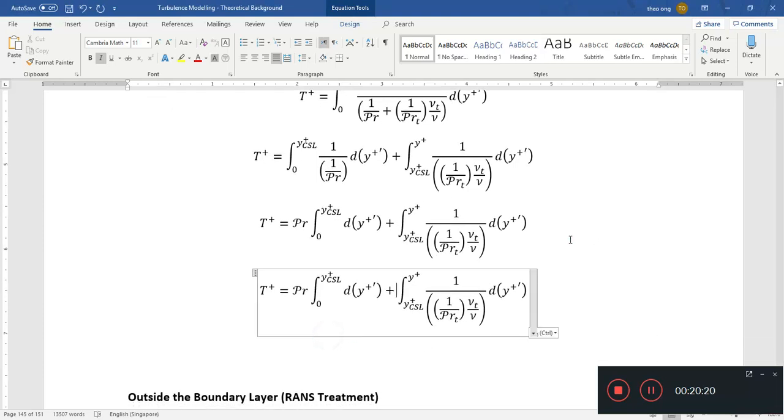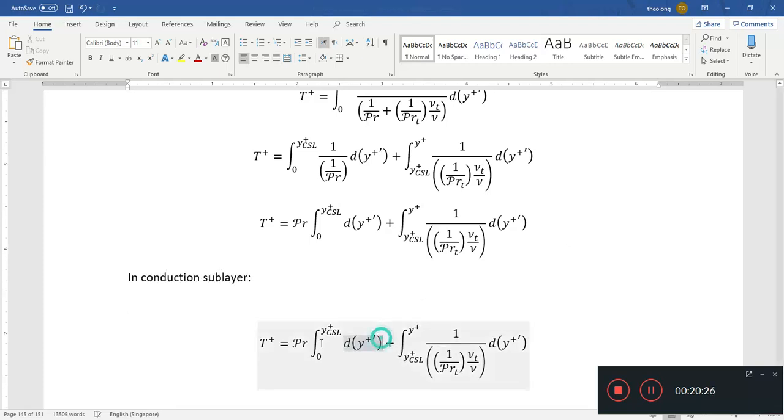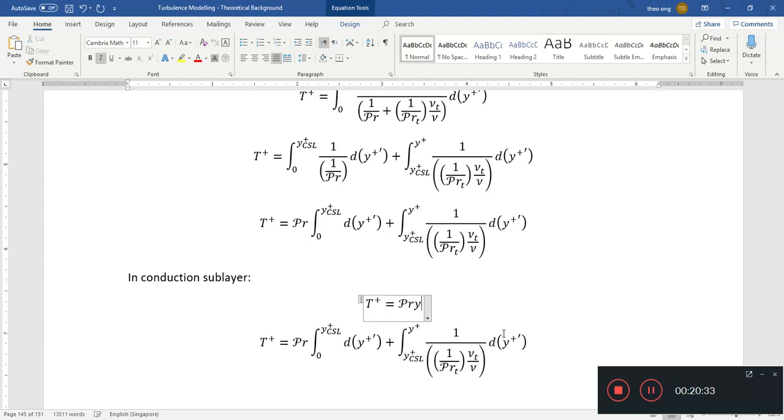So in the conduction sublayer, we'll have this correlation going on, from y plus equals 0 to y plus equals y CSL plus.